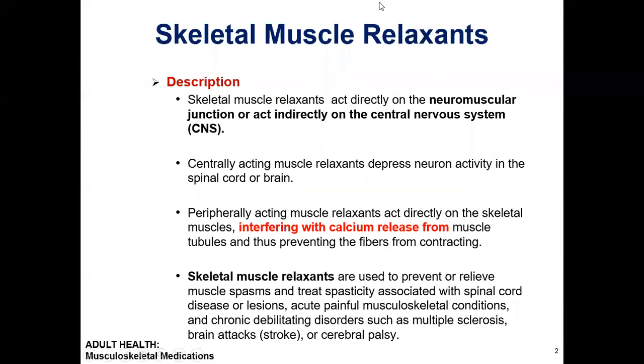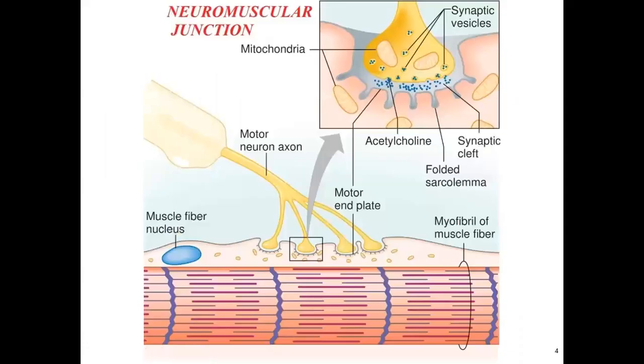Skeletal muscle relaxant. They act directly on the neuromuscular junction or indirectly on the central nervous system. In the picture you can see this is the muscle and this one is the ending of the neuron. Here you can see the cell body, neuron axon and dendrite.